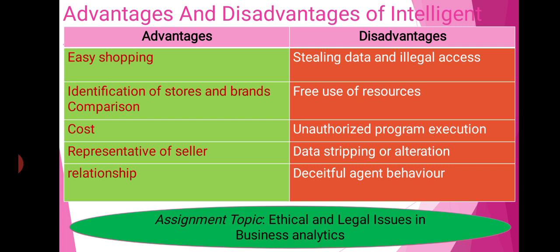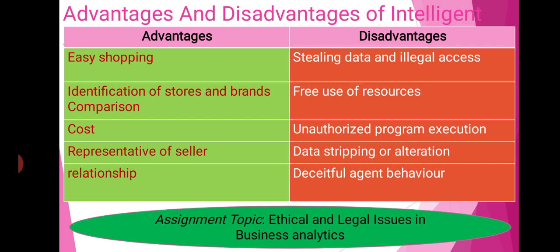Then some attackers are using this process, website attacking. The next, data stripping or data alteration; some persons are using these techniques. Technically, it is possible to strip, and strip means to alter the web agent's data.